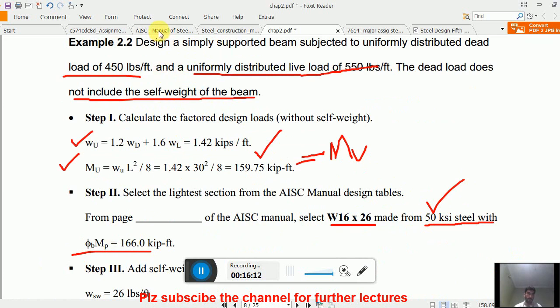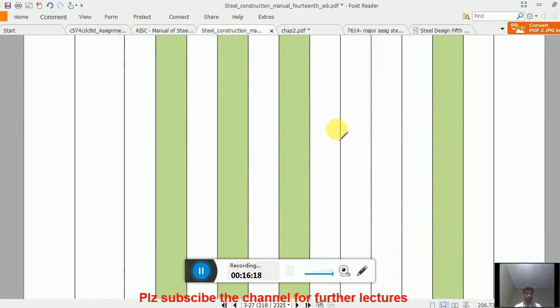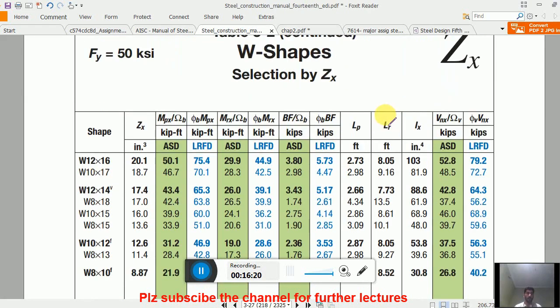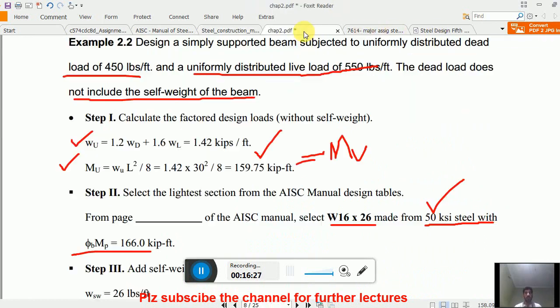If you have an AISC manual, it is a simple approach. You need to select such a section which has a capacity more than or equal to this much.